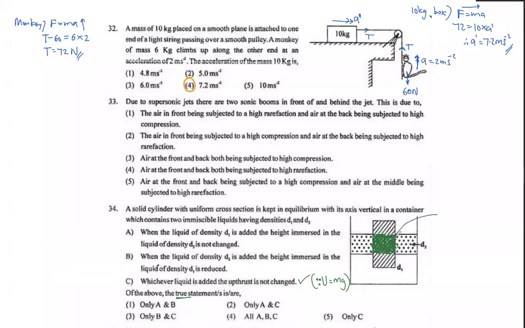So this green part is the volume of object immersed in liquid of density D2. So if D1 is poured, this submerged volume doesn't change.